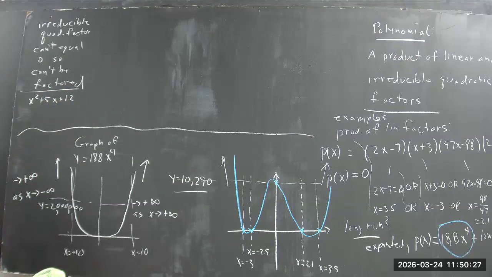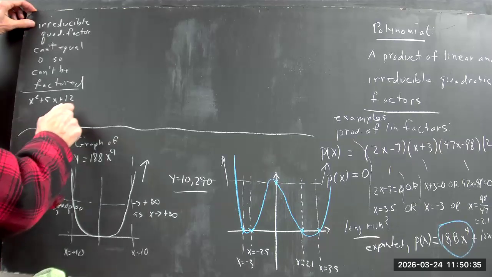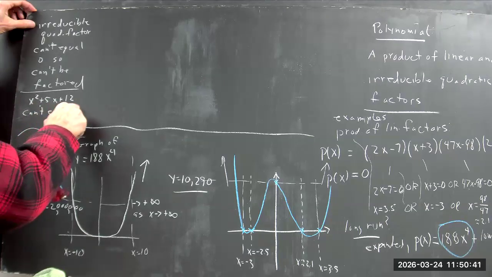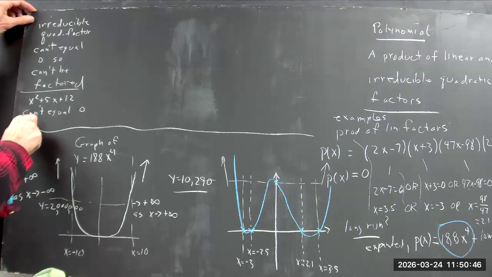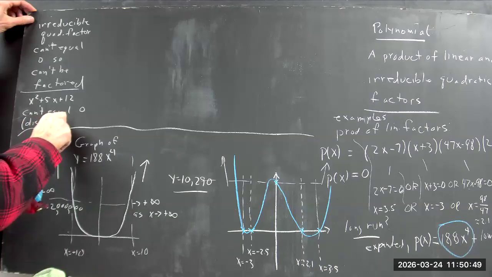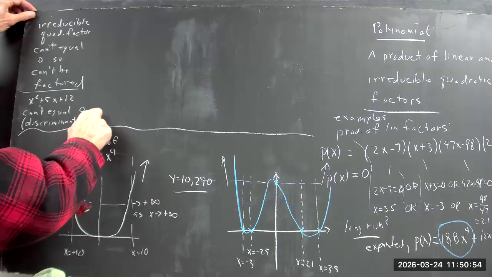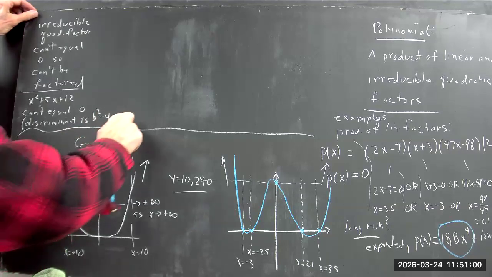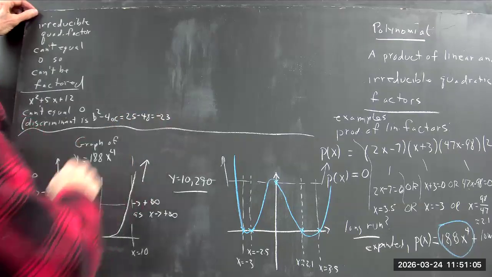x squared plus 5x plus 12 can't equal zero. The discriminant is b squared minus 4ac, which equals 25 minus 48, which equals negative 23.